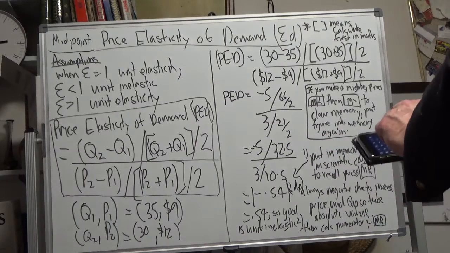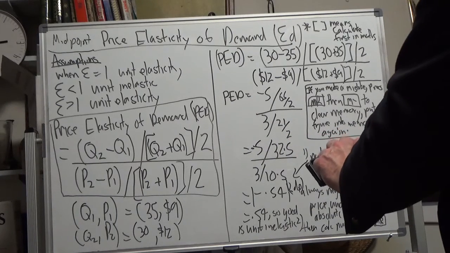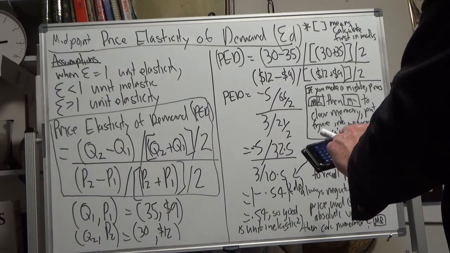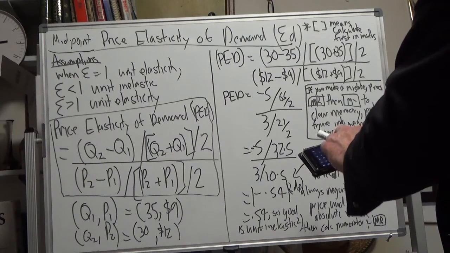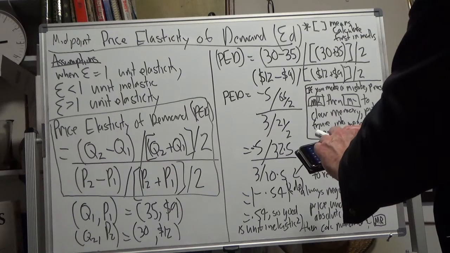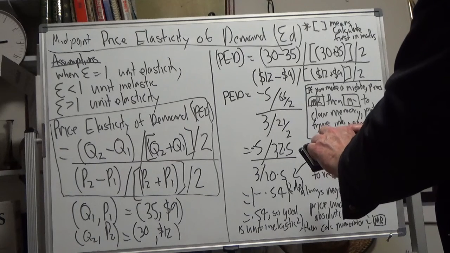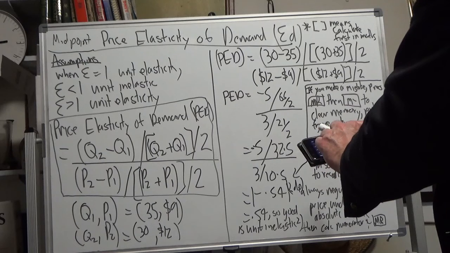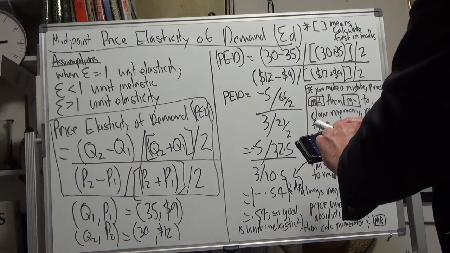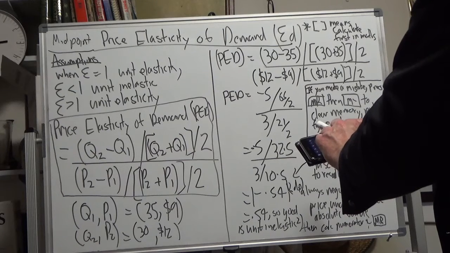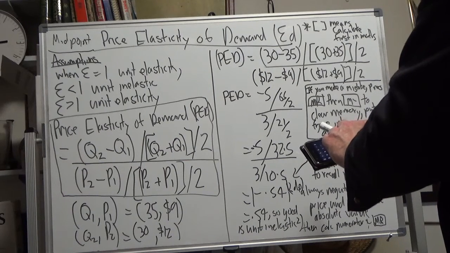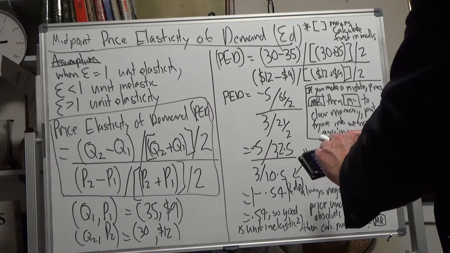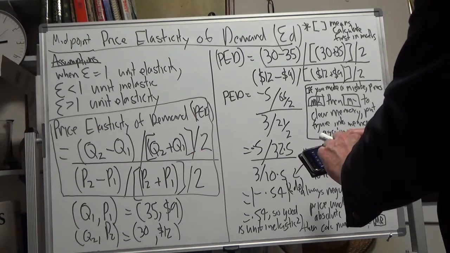So let's do that again. We know our denominator is 3 divided by 10.5. Okay, you put that in your memory and press C, and then the numerator was minus 5 divided by 32.5, right?